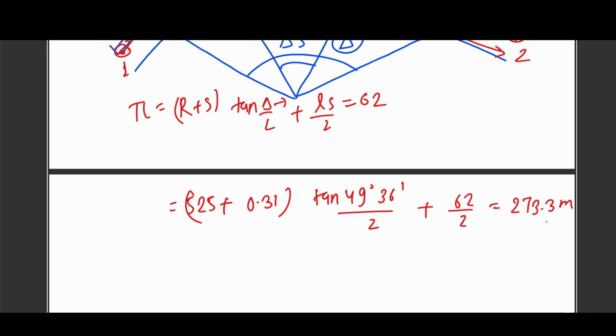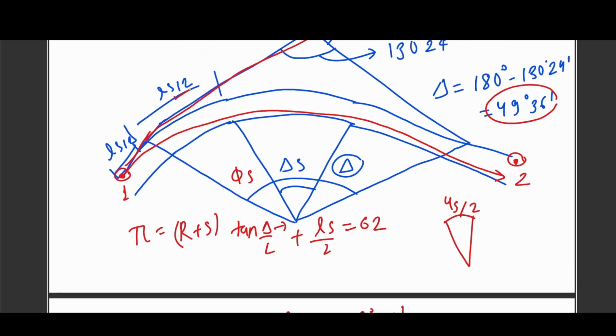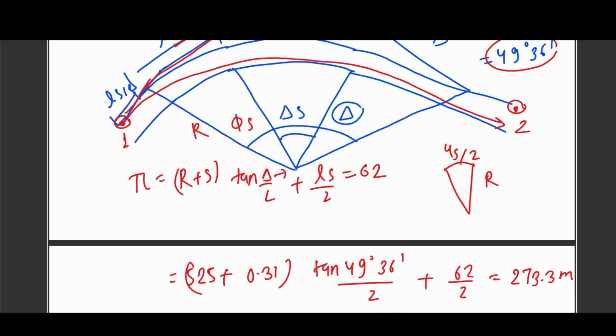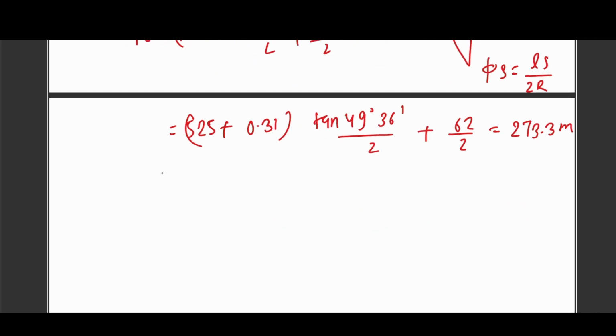Okay, and what is the spiral angle? The spiral angle is this angle. This is Ls by 2, and this is radius R. So the spiral angle equals Ls by 2R. Let's calculate the spiral angle.